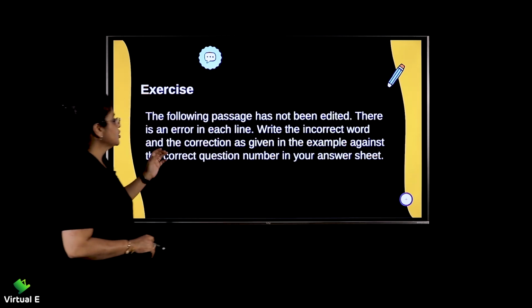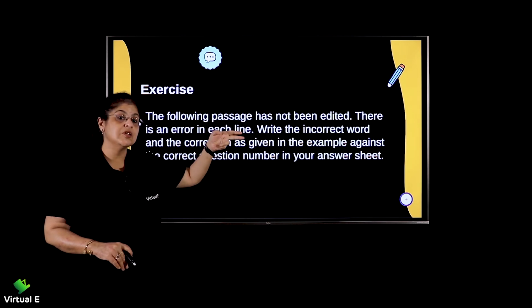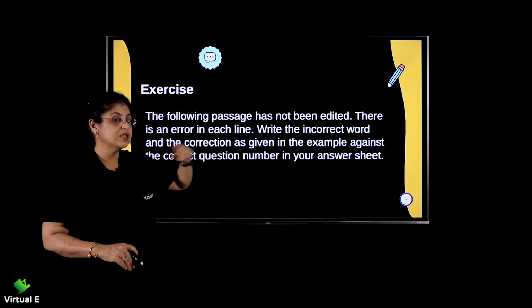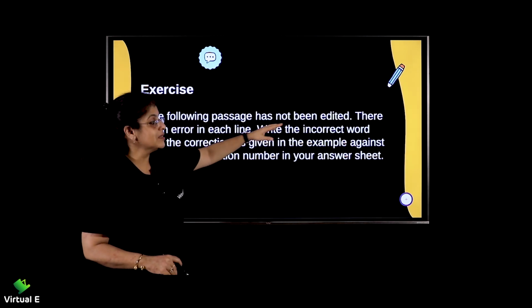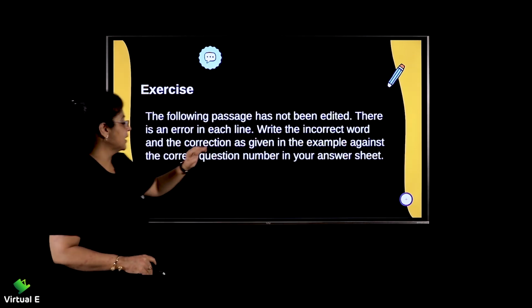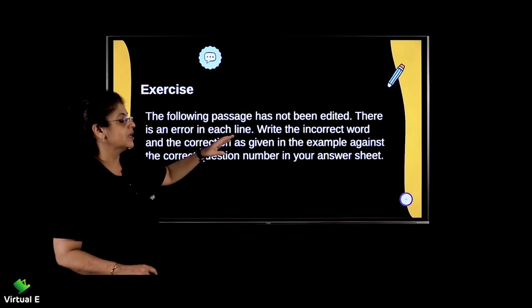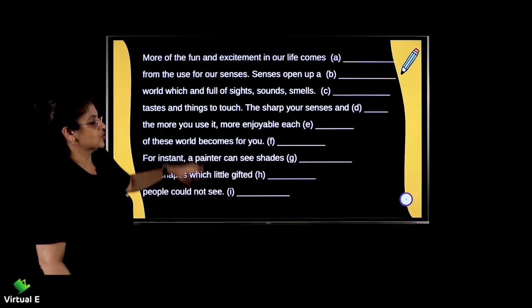Just let's watch. So the following passage has not been edited. Editing and omission. This is what is going to come in this form. There is an error in each line. Write the incorrect word and the correction as given in the example against the correct question number in your answer sheet. So here we have the passage, right?